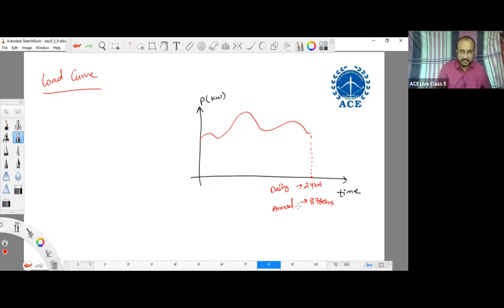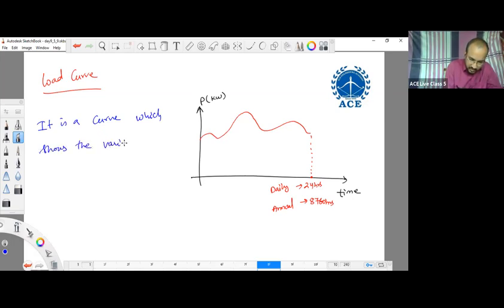So, load curve is a curve which shows the variation of load with respect to time.